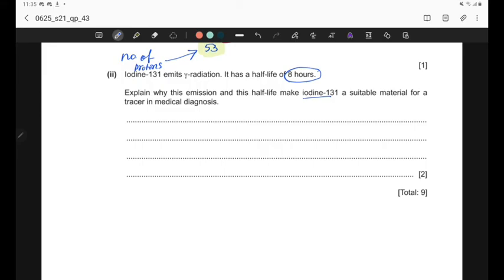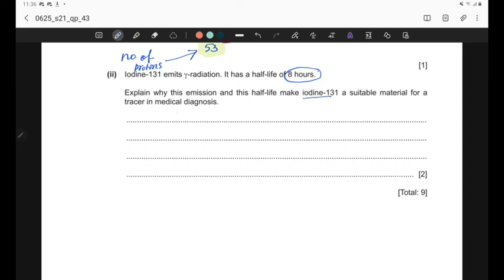So the half-life of this substance which we are using should not be short, then we won't get enough time to diagnose the disease. At the same time, it should not have a too long half-life, then even after the treatment it will still remain inside the body, that will also be dangerous. So 8 hours is something which is very suitable.